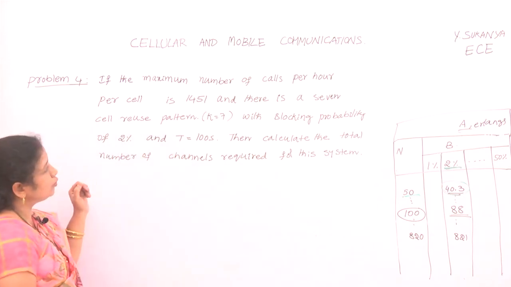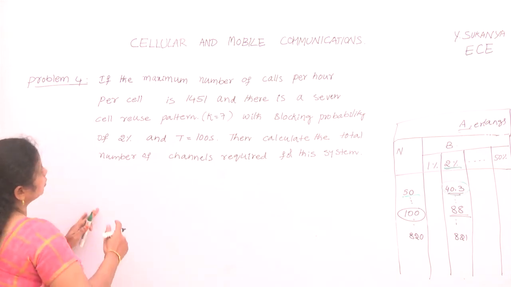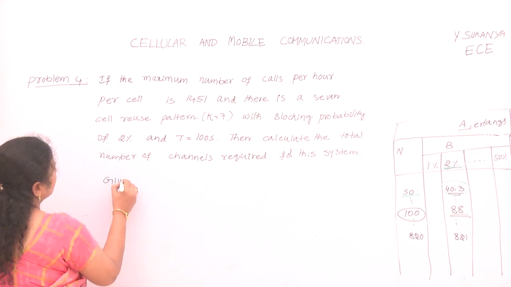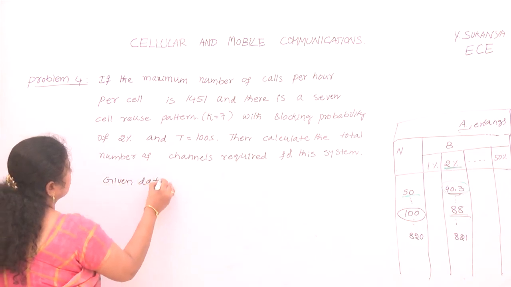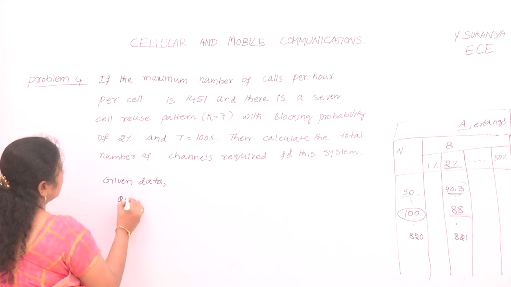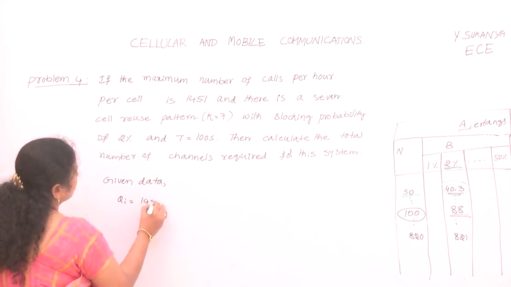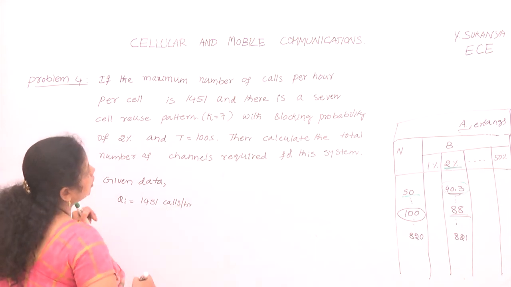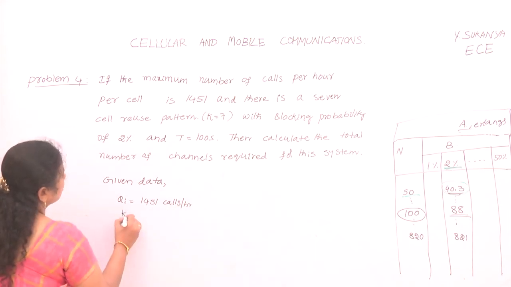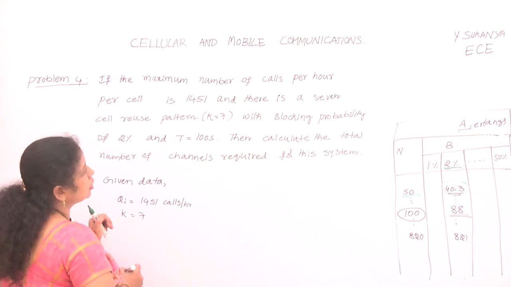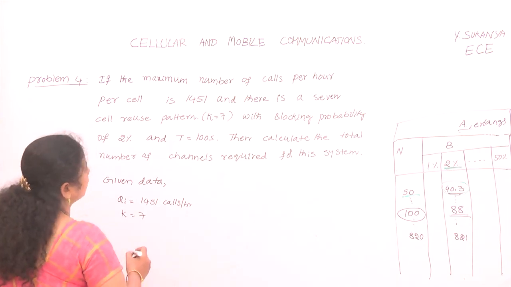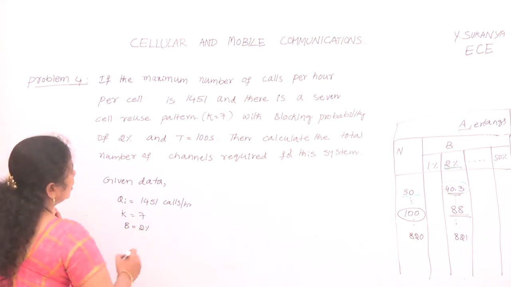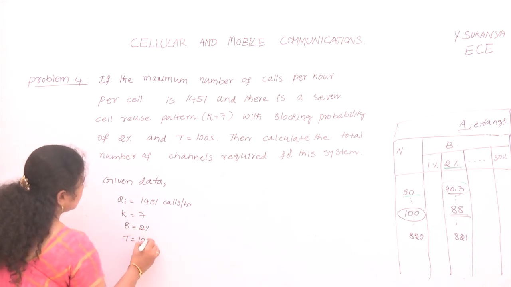So from this, the given data can be written as: Qi is 1451 calls per hour, and K is equal to 7, the frequency reuse pattern system, blocking probability is 2% and T is 100 seconds.